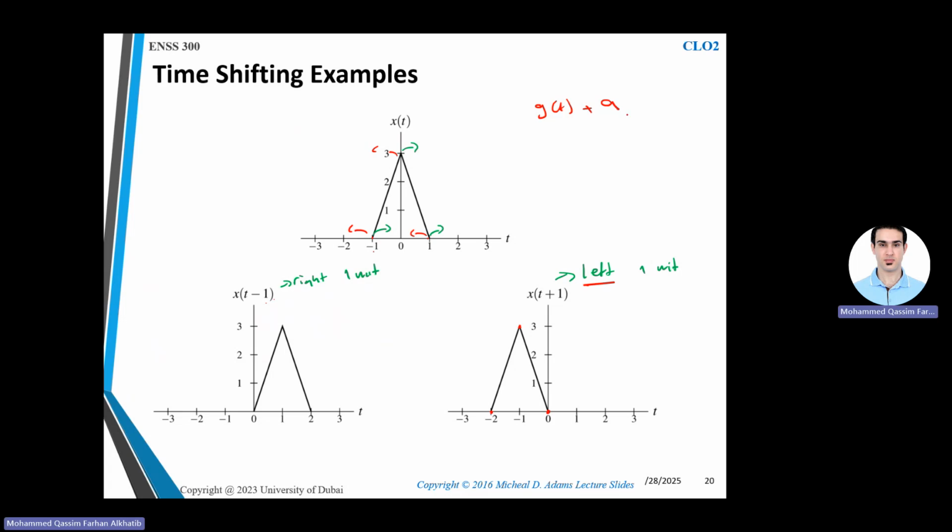Well, simply if this one is a positive sign, then shift up by a. If it's negative, shift down by a. So let's say for this example, x of t plus 1. You will get the same exact triangle.